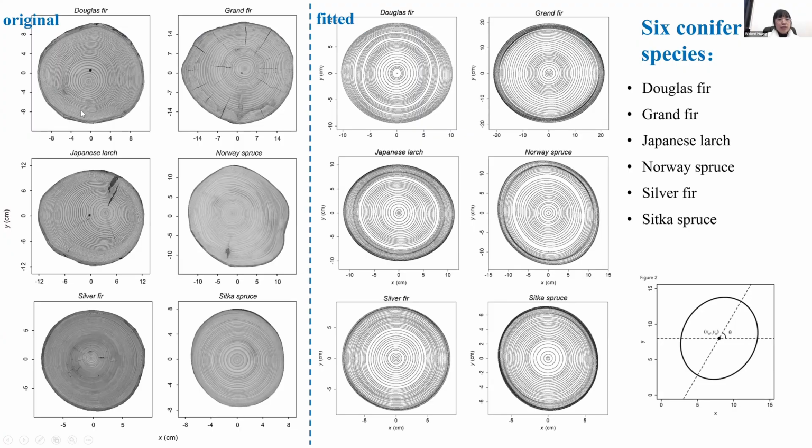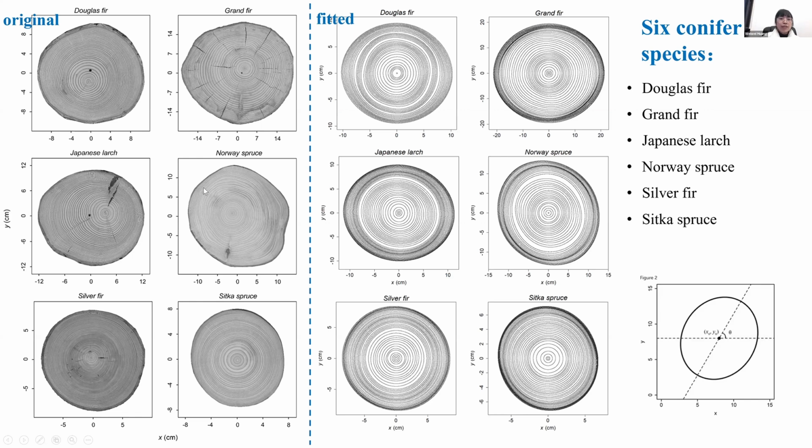For this picture, there are 6 different species: Douglas fir, Japanese larch, grand fir, silver fir, Norway spruce, and Sitka spruce, and these are the original pictures of the tree ring discs. And these are the fitted tree rings for these 6 different species.